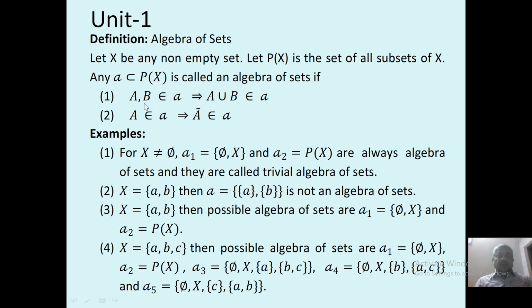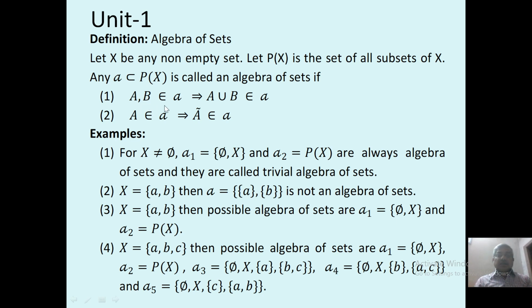First condition, if A and B belong to script A, then A union B also belongs to script A. Second condition is, if A belongs to script A, then complement of A also belongs to script A. This is the notation for complement of A: tilde sign over A. So if two conditions are satisfied, then it is called algebra of sets.